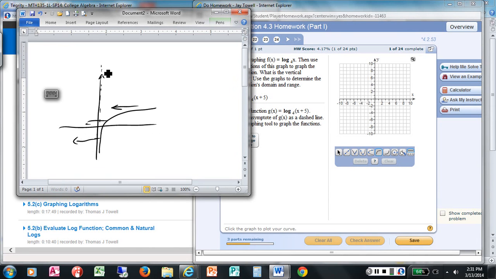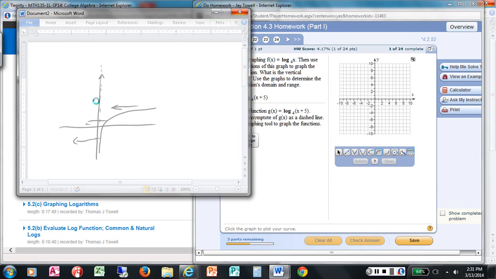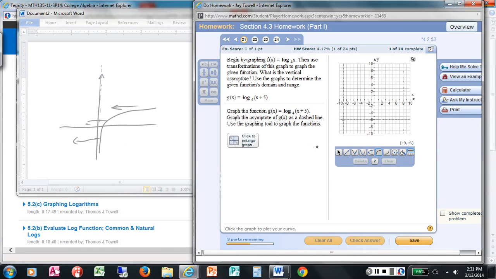The vertical asymptote without the shift on it is at 0, and so it will be at -5 instead.